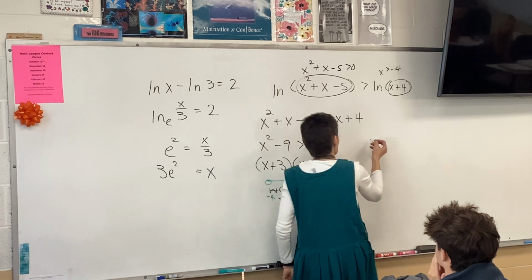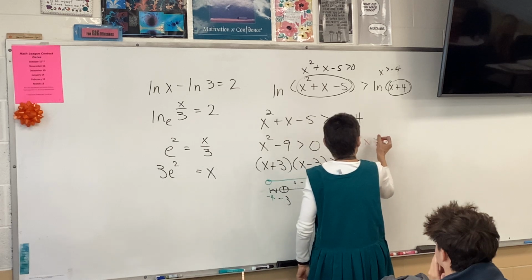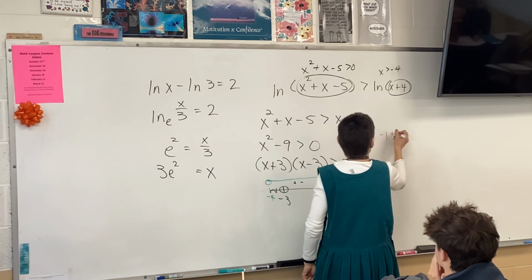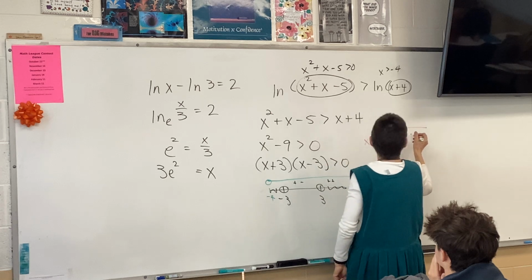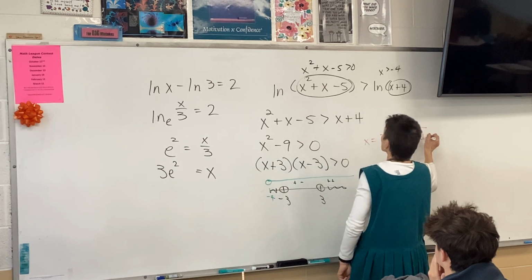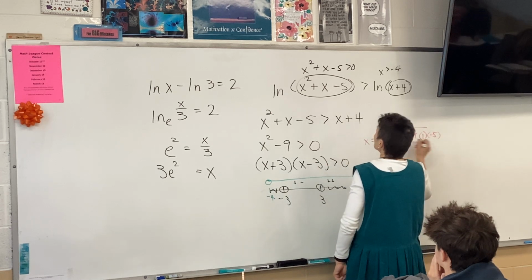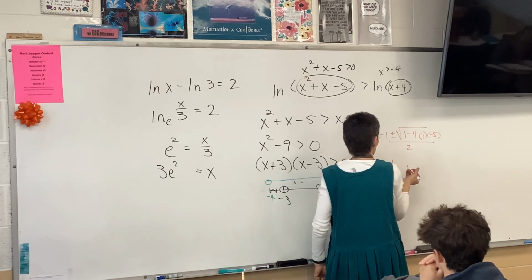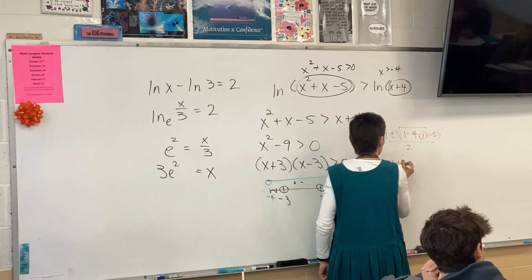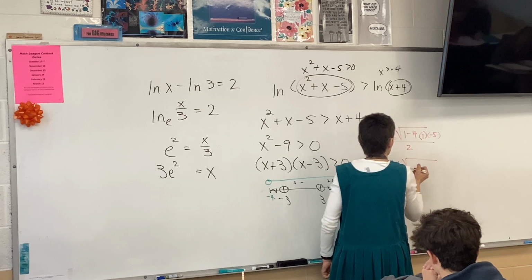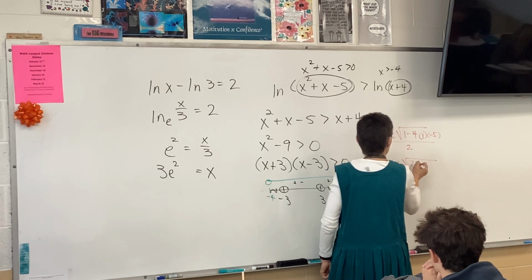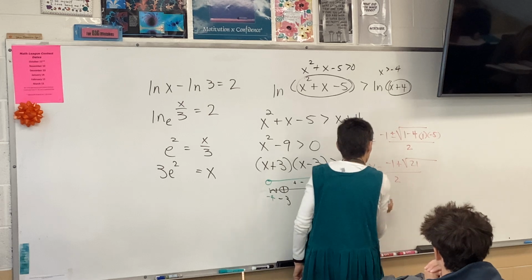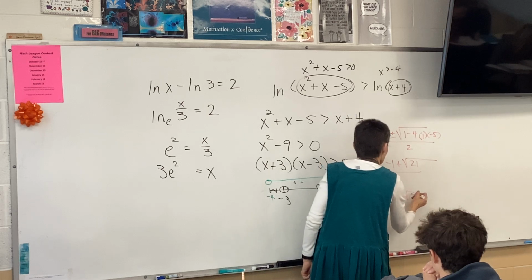So I guess I'll have to use the quadratic formula. Negative b plus or minus the square root of b squared minus 4ac. I do remember something like this happening to us before. So I've got negative 1 plus, is that 21? And negative 1 minus.